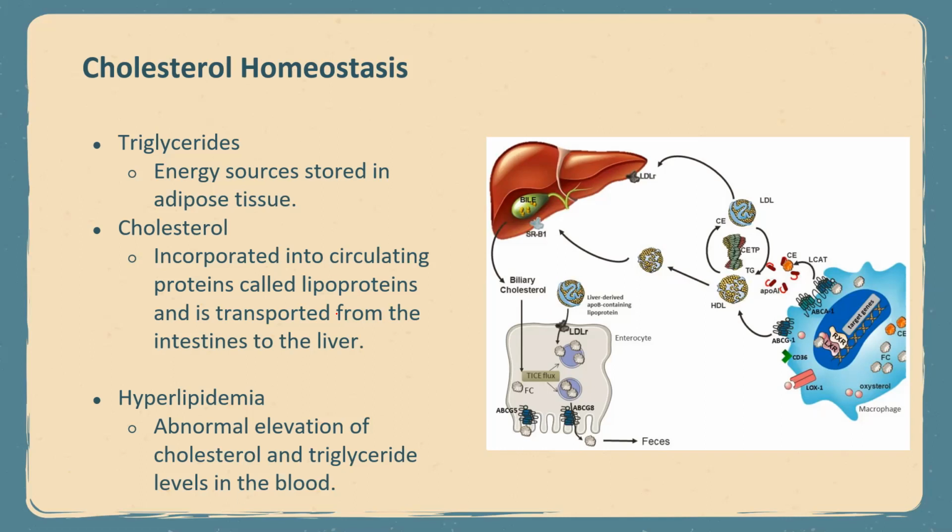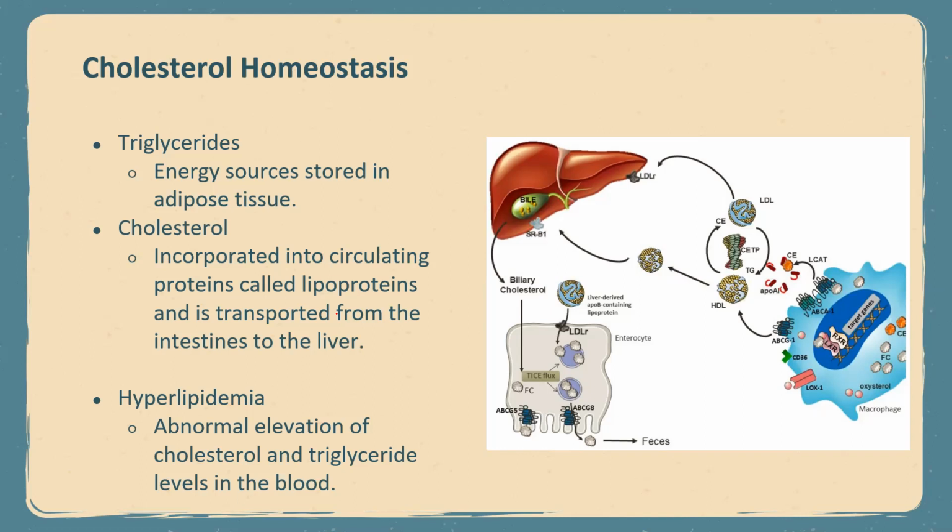We have also this condition called hyperlipidemia. And what does it mean? When we say hyperlipidemia, it is an abnormal elevation of the cholesterol and triglycerides level in the body. Hyperlipidemia can be due to genetic disorders or can be due to secondary causes, for example lifestyle, drug intake, and underlying diseases.